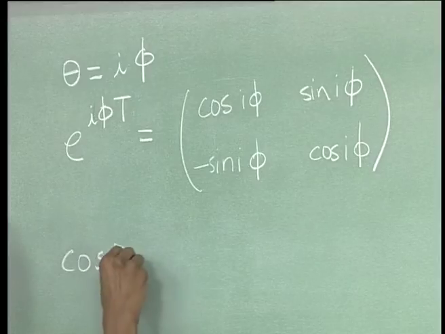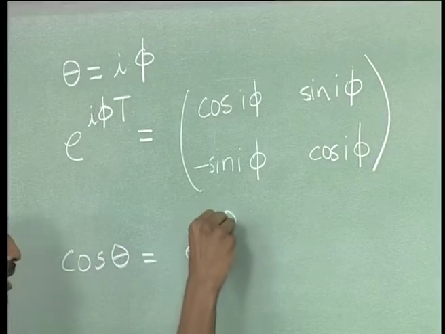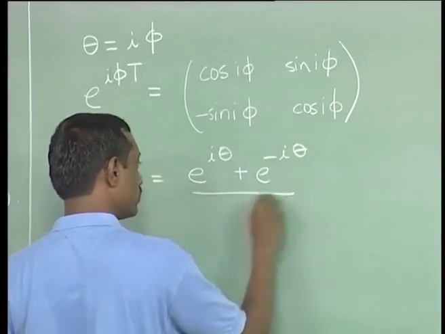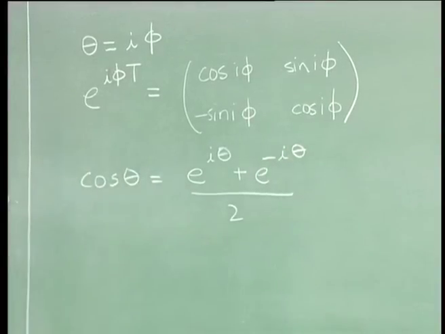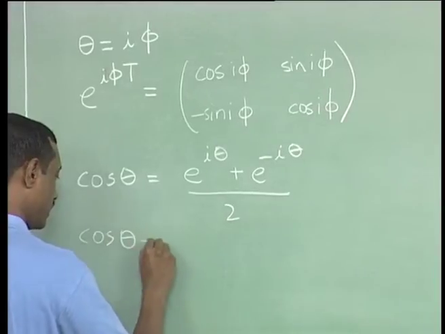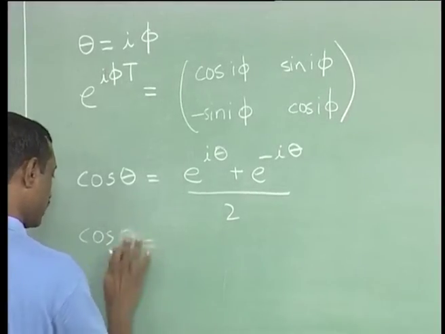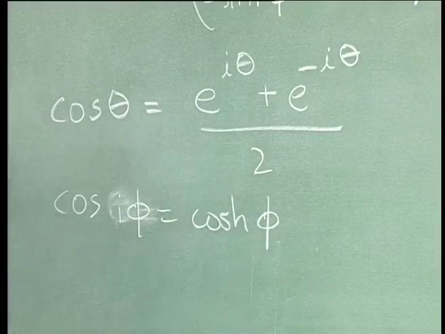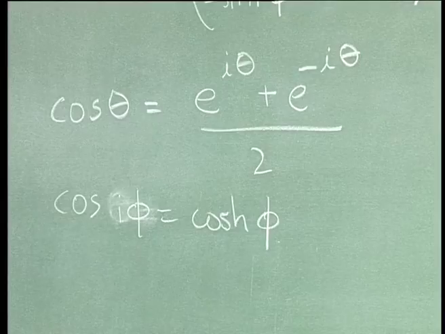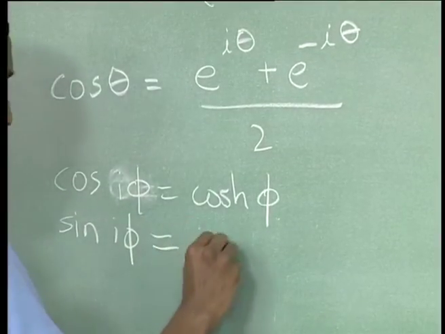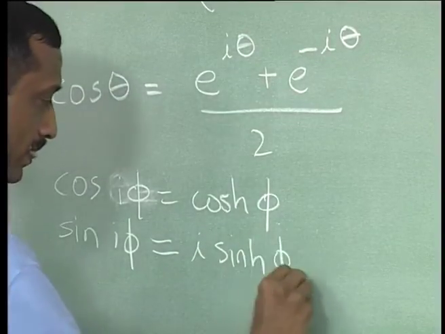Cosine theta is defined to be e power i theta plus e power minus i theta over 2. If you put theta equal to i phi, we see that cosine of i phi is equal to cos hyperbolic of phi, and similarly sine of i phi is i sine hyperbolic of phi.